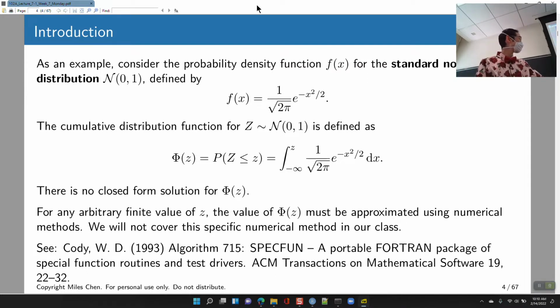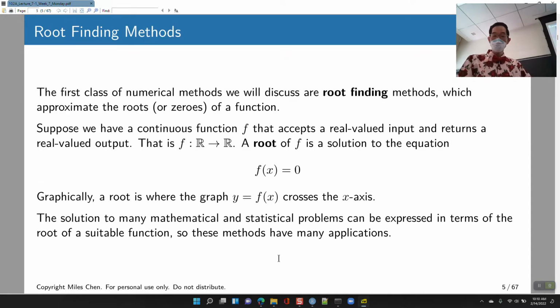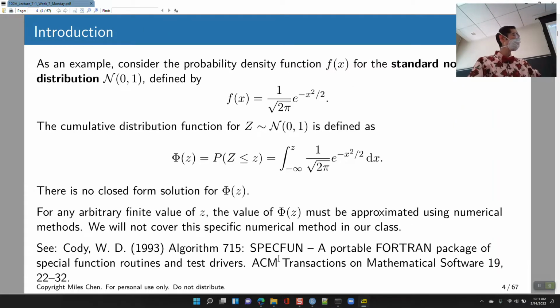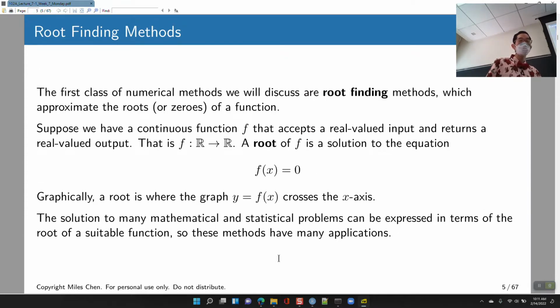There's this old Fortran function, specfun, and it does an approximation to the cumulative distribution function that's precise up to around 16 decimal places, and that's good enough for us because that's about as precise as we can get with floating point numbers anyway. But it's not the actual value. It's just an approximation, and it does it quickly, and we're okay with it.